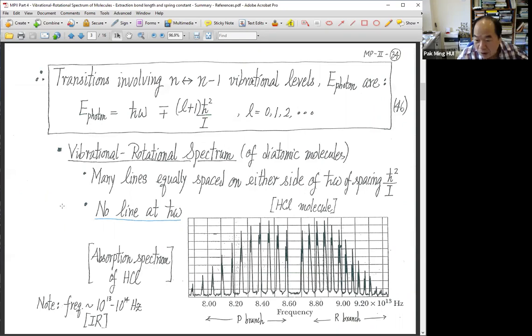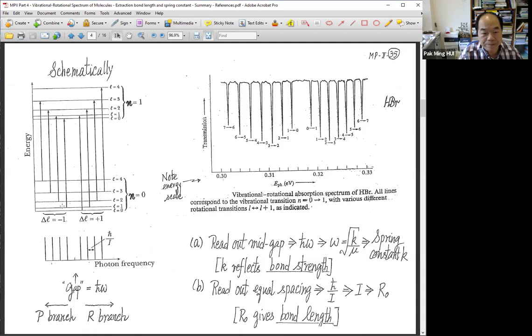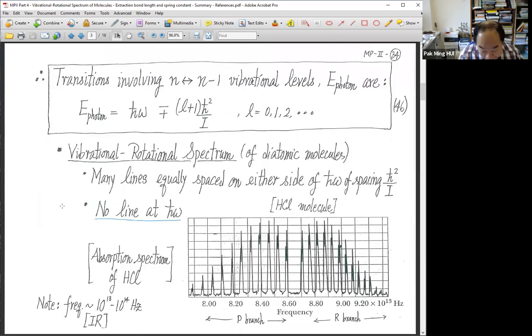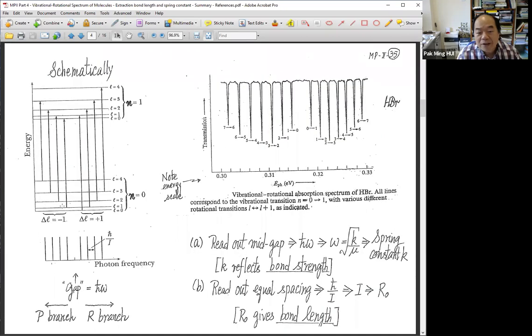So that's all the ideas in this section. Okay, so this is an absorption spectrum. So this is a transmission spectrum, plotting out the missing intensity. Okay, missing means absorbed by the HBr. This is hydrogen bromide similarly.